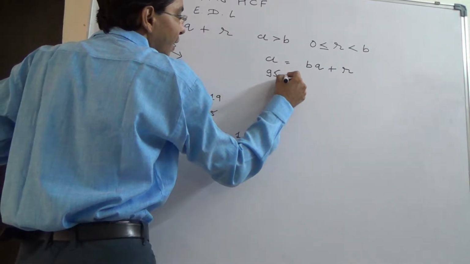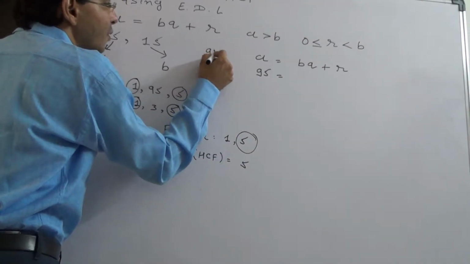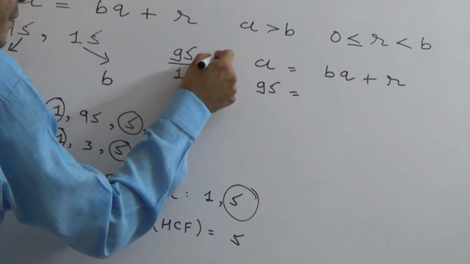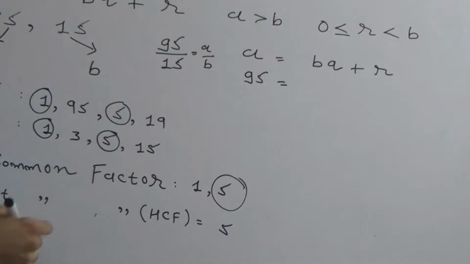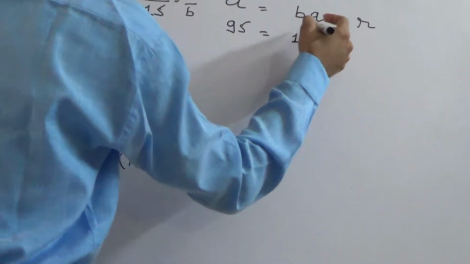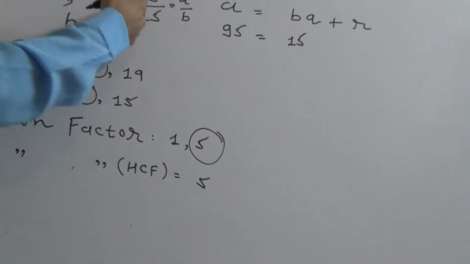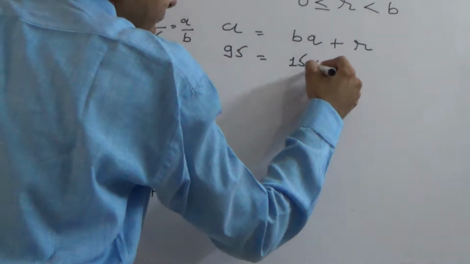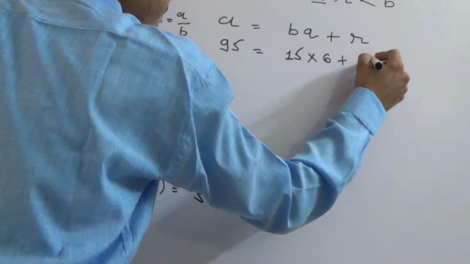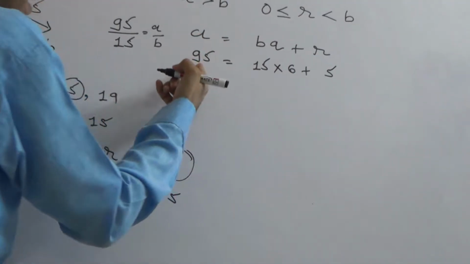Our a is 95. a = bq + r, so here a is 95 and b is 15. Dividing 95 by 15: 15 times 6 is 90 and 5 is the remainder.